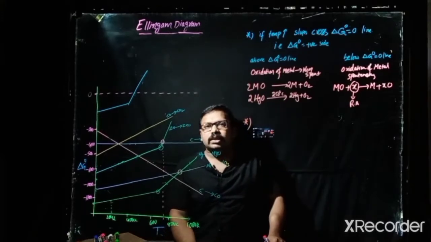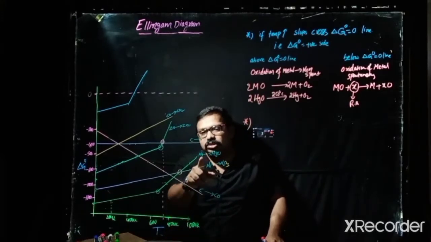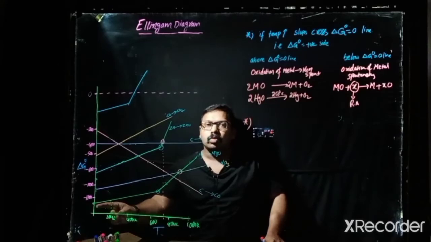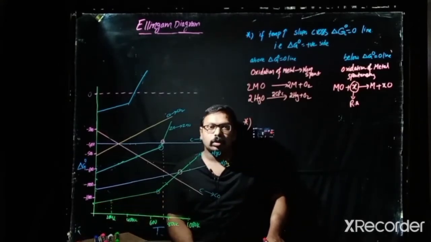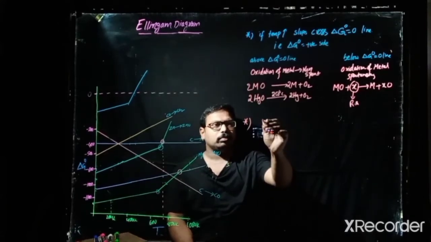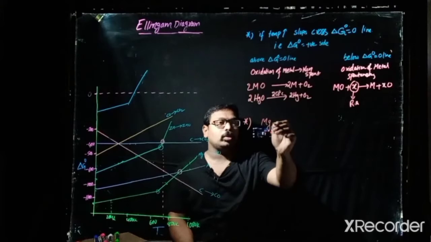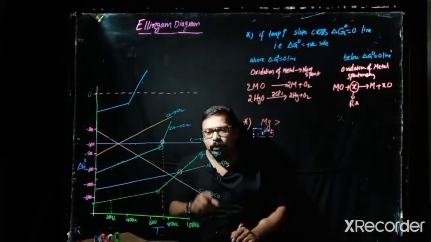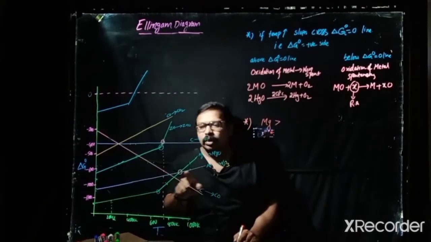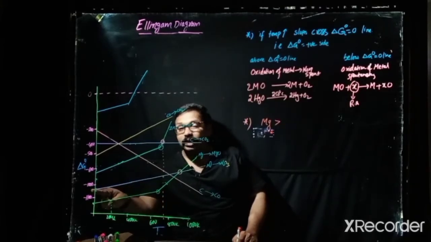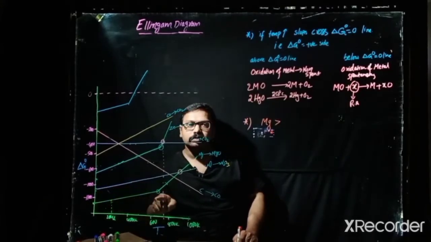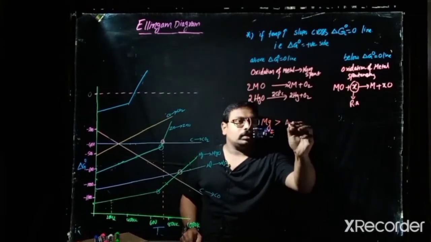The standard Gibbs free energy for the oxidation of magnesium is more negative. So magnesium is a more reactive metal compared to aluminum, because aluminum's standard Gibbs free energy is somewhat less negative than magnesium's.